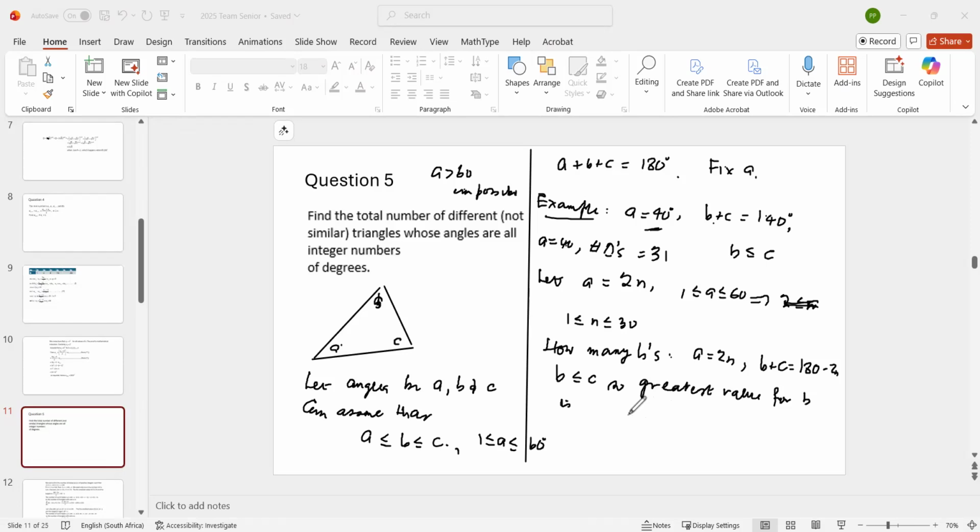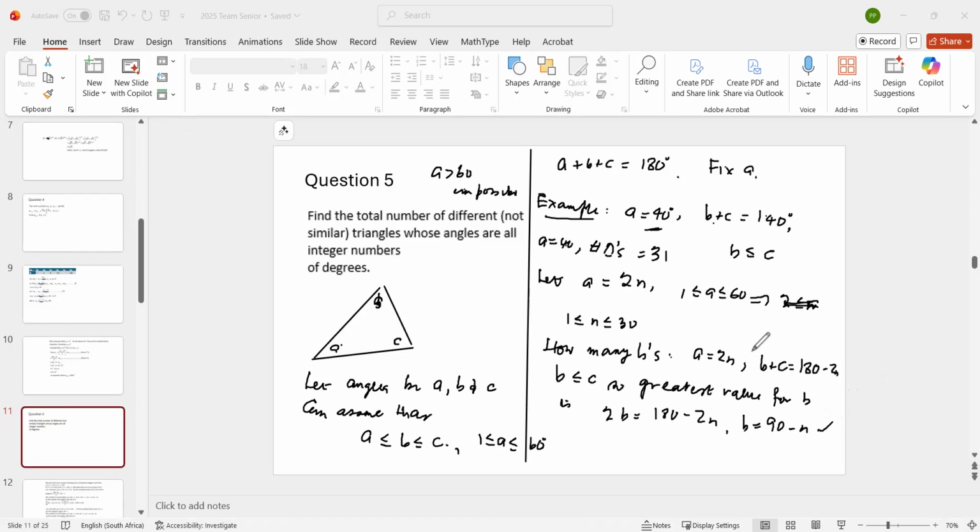So it's the same thing here. Now you'll have 2B equals 180 minus 2n, because the last triangle will have to be ABB, right? Because B is always less than or equal to C, so B and C are the same. That's how you get 2B. And so the highest value for B is 90 minus n. There I had 70, and n is 20 in this case, so the highest value is 90 minus 20. So we are on the right track.